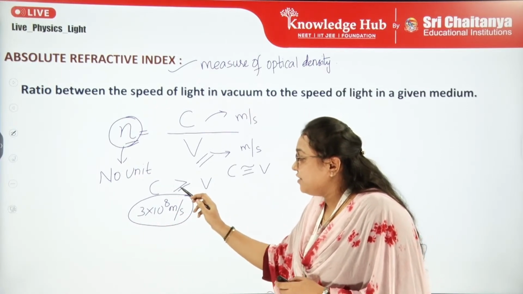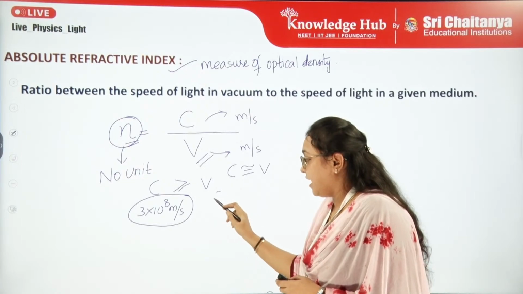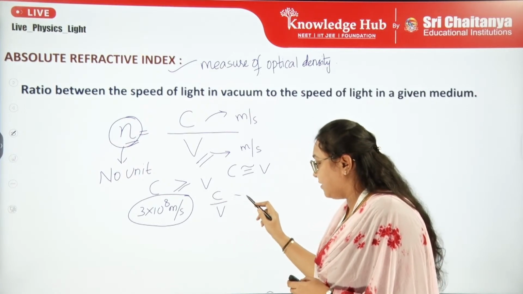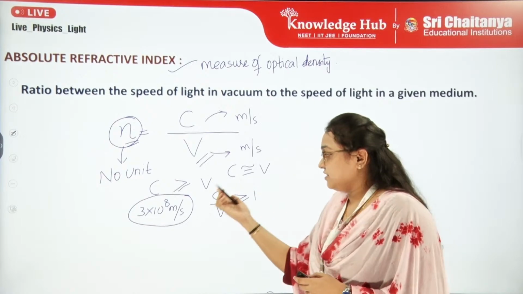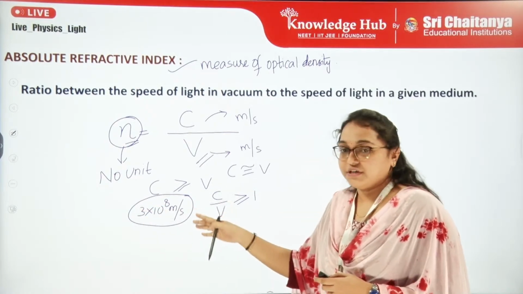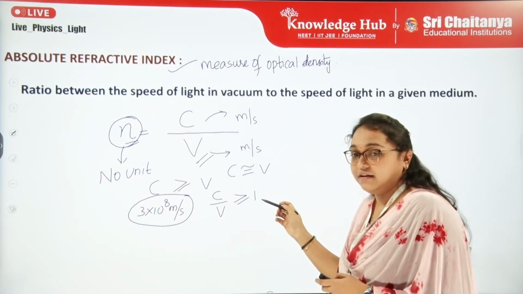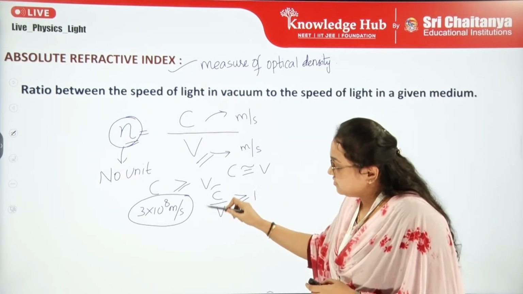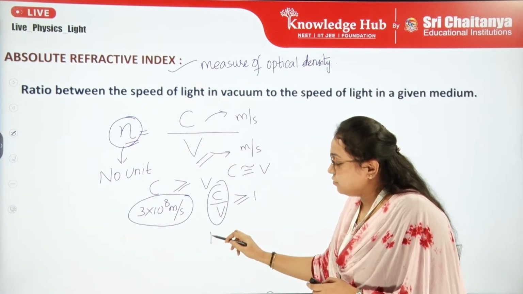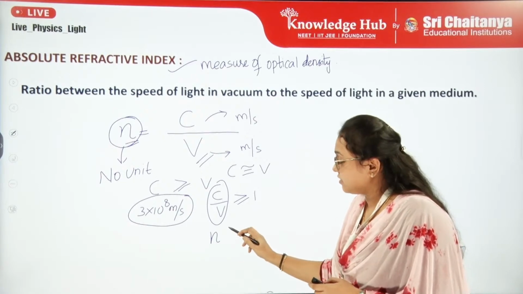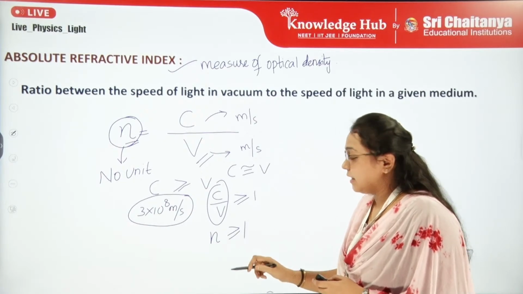Now if C is definitely greater than or equal to V, then if I send this V to the other side, it goes to division. So C by V is definitely greater than or equal to 1. That value is nothing but the absolute refractive index. So the absolute refractive index of any medium will be either greater than or equal to 1.